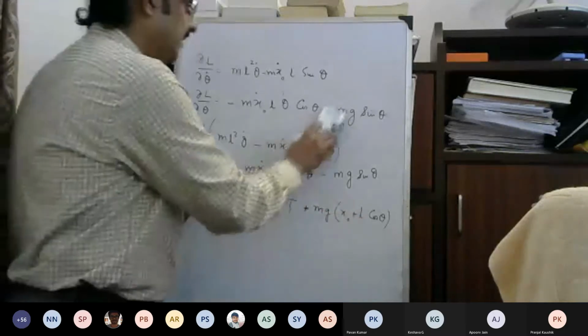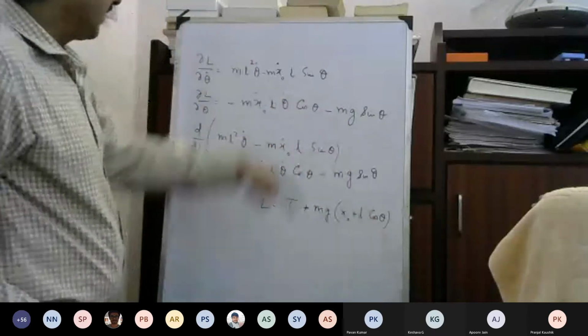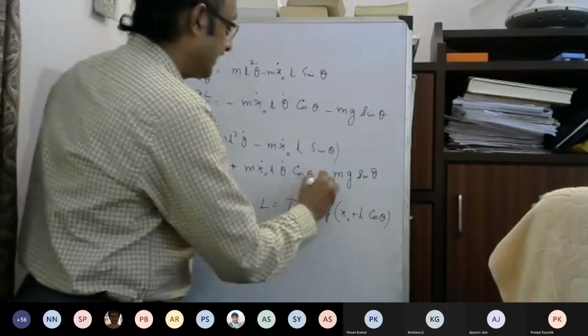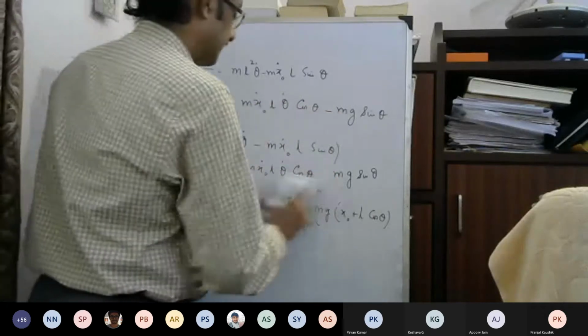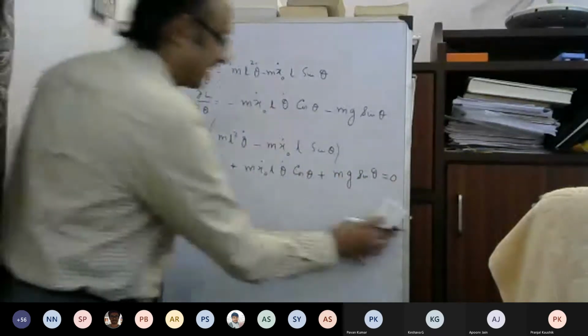Del L del theta will be equal to minus of this part, and when you write down the equation, that is minus del L del theta, then this becomes again plus, and that must be equal to 0. So please check this part.